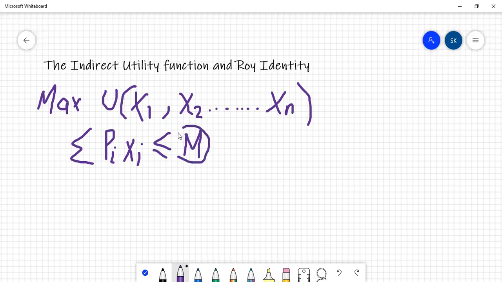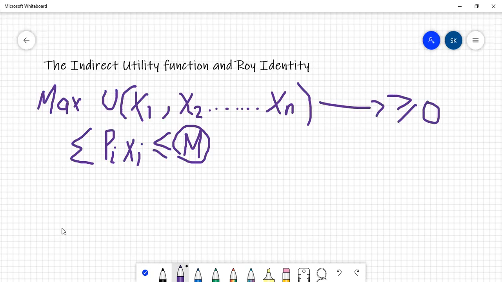This is the budget of the consumer. As we have been studying throughout, these x values can be greater than or equal to 0. That is, there is a non-negativity restriction on the consumption of the goods.